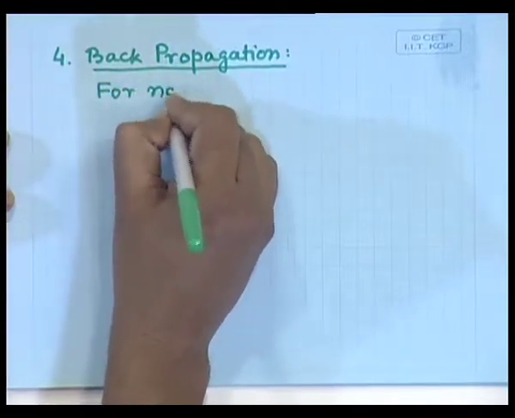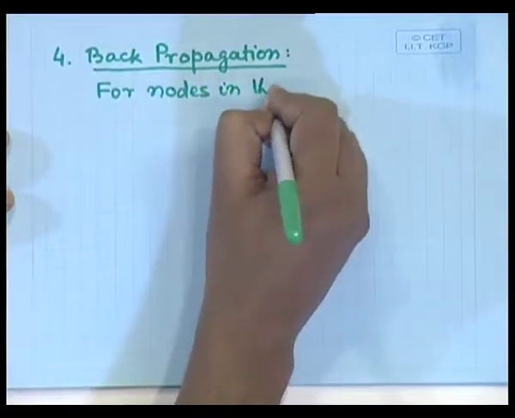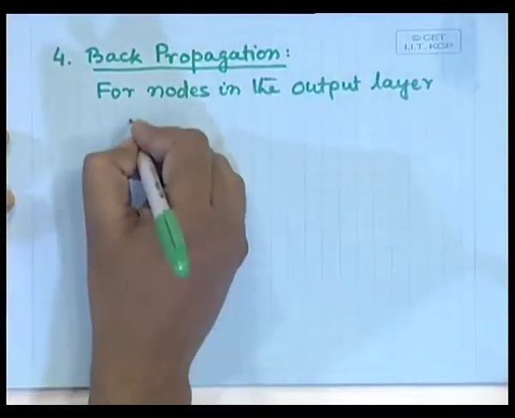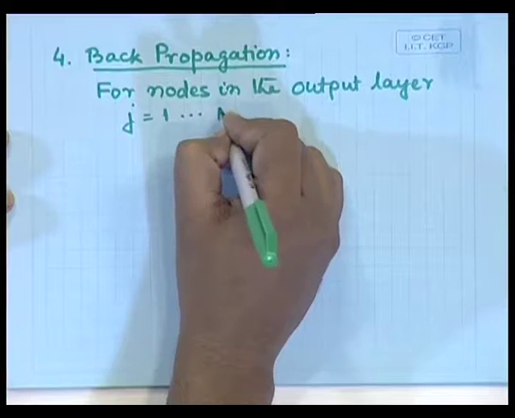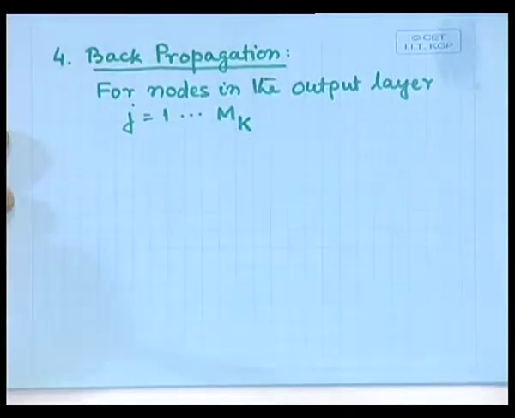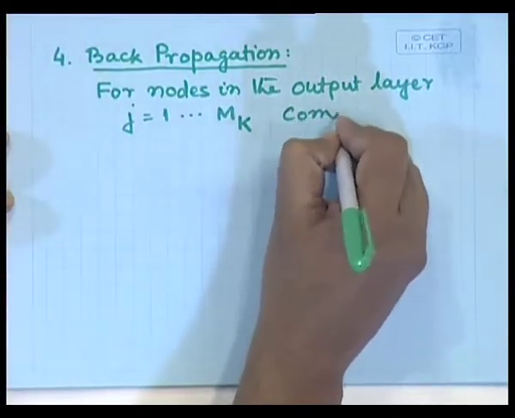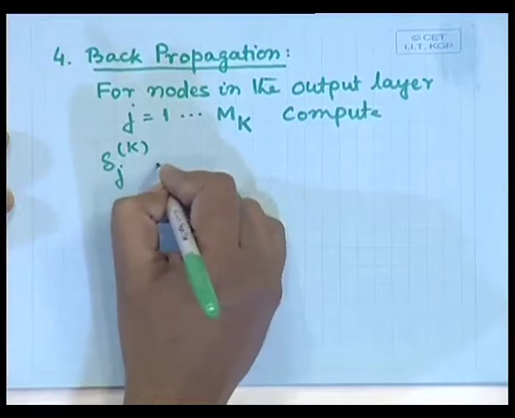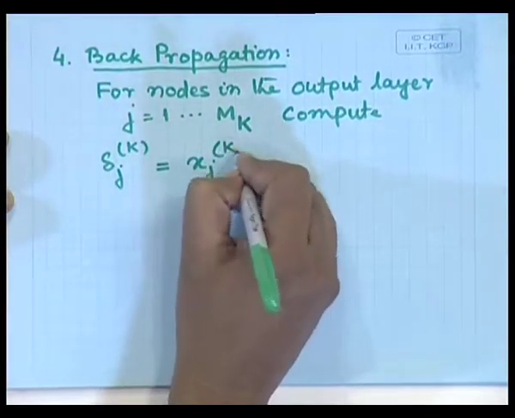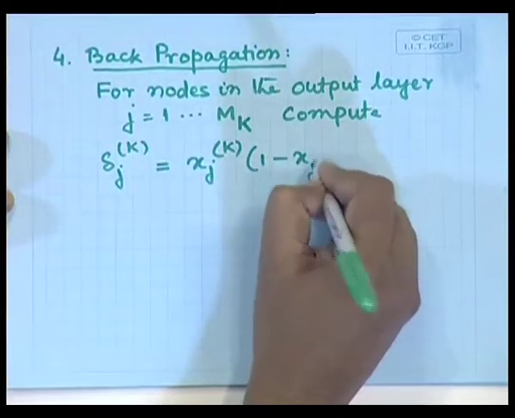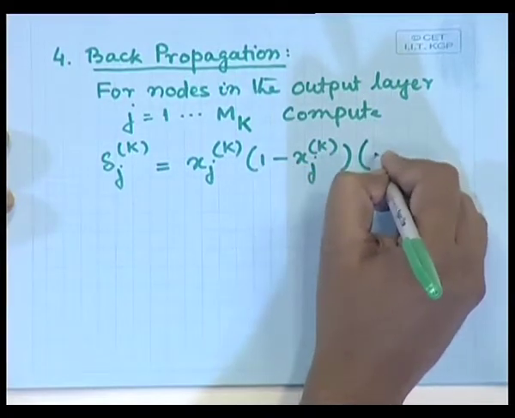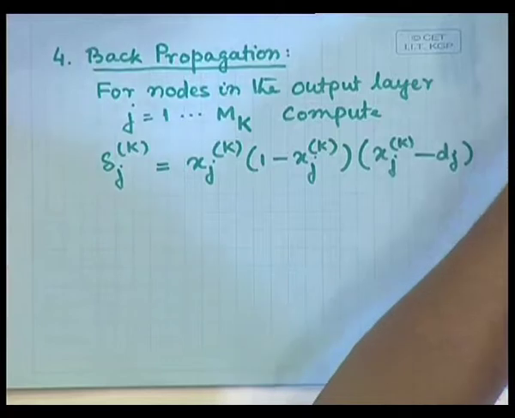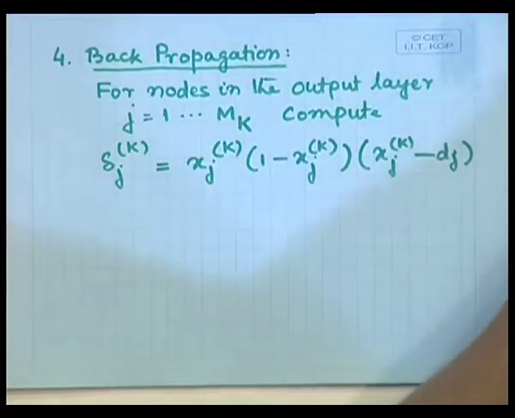So, for nodes in the output layer, that is j equal to 1 to m_K, where this K is capital, I have to compute delta_jK, which is equal to x_jK times (1 minus x_jK) times (x_jK minus d_j), which is exactly the same as this term.